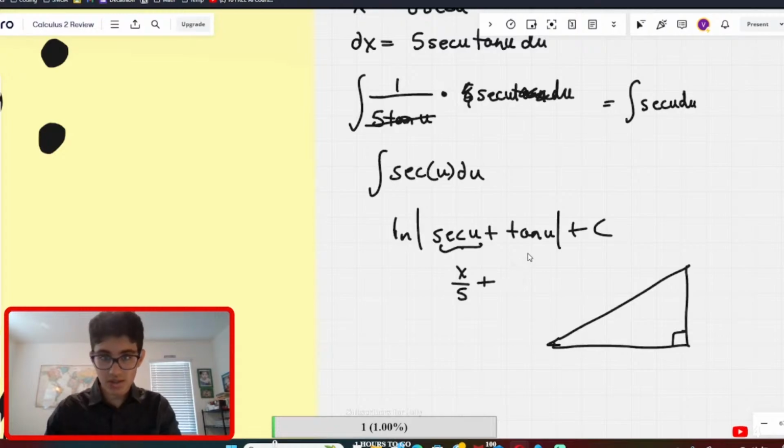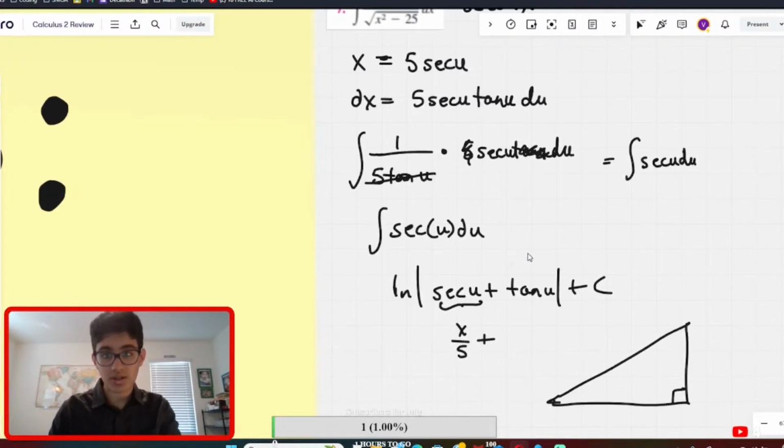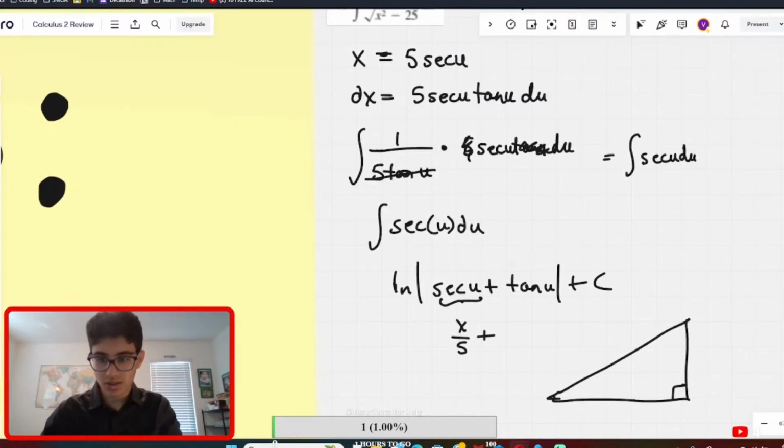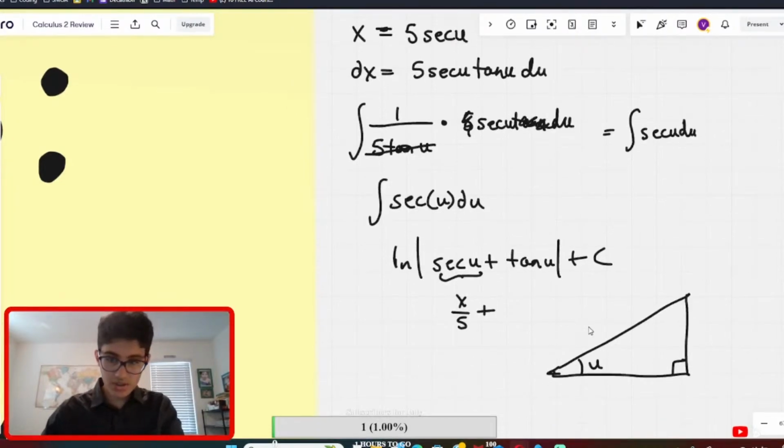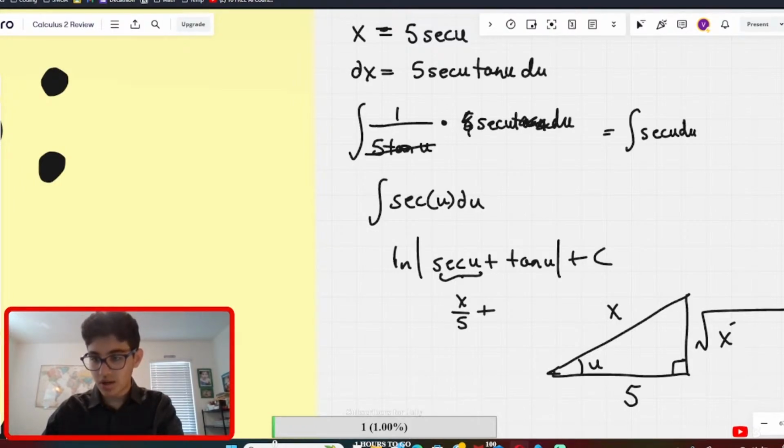So we know that secant of u, so let's call this u, is equal to x over 5. That means that cosine of u is 5 over x, so this is 5, this is x, and this is therefore the square root of x squared minus 25. So what's the tangent of u going to be? It's going to be this thing, the square root of x squared minus 25 over 5.